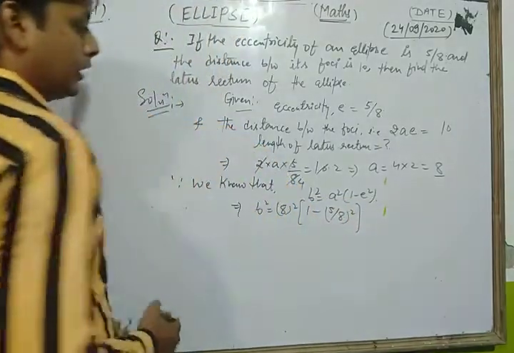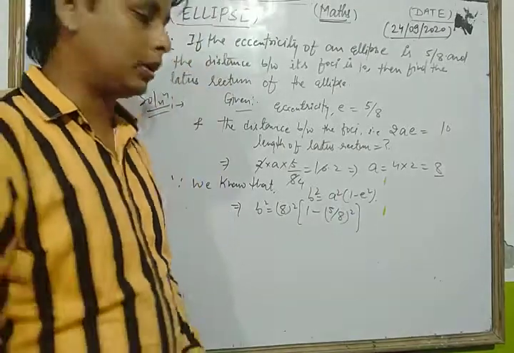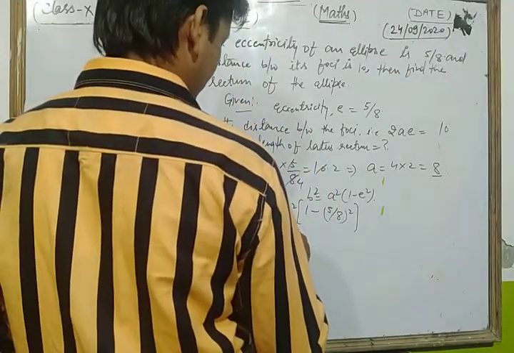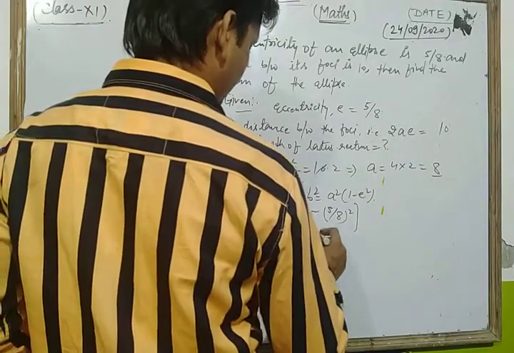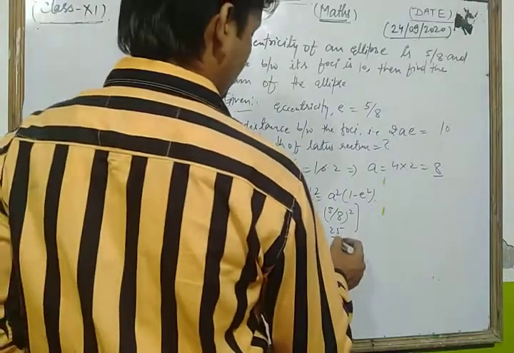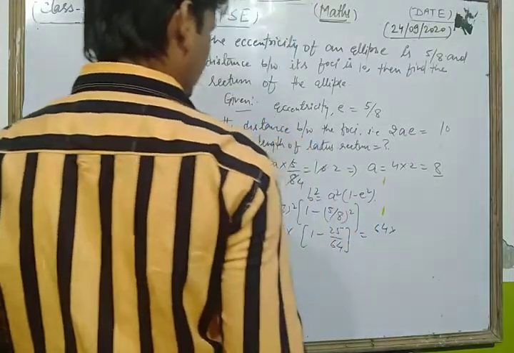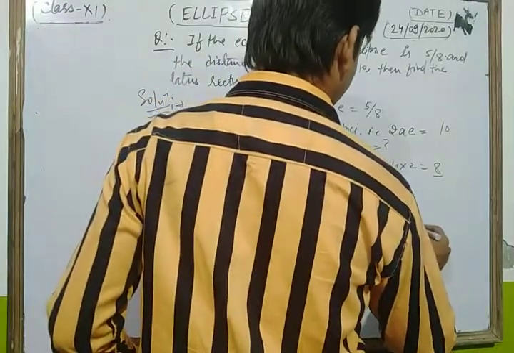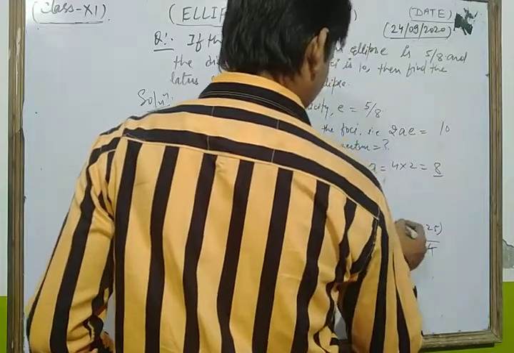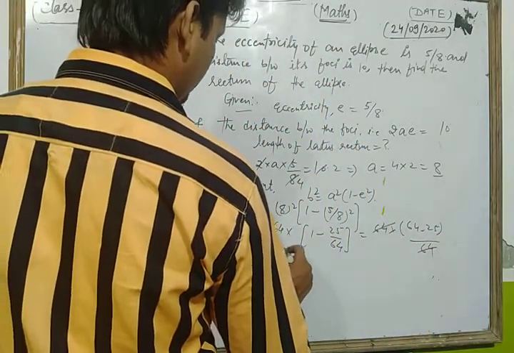Okay, now we put the value of a and e in this formula. Now look, we get 8 8s are 64 in bracket 1 minus 5 5s are 25 upon 8 8s are 64. Now we solve them. We take 64 as LCM, so we get 64 minus 25 upon 64. 64 cancel each other. Now we get b square is equal to 64 minus 25.